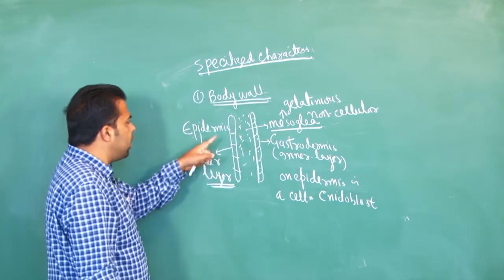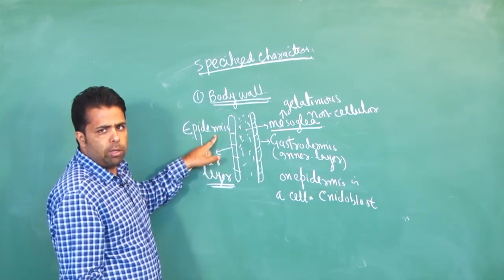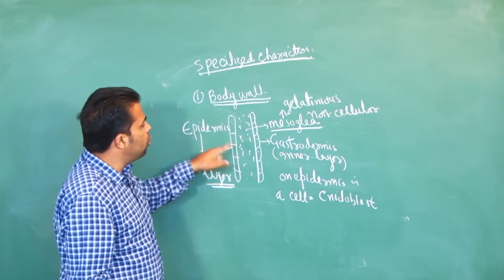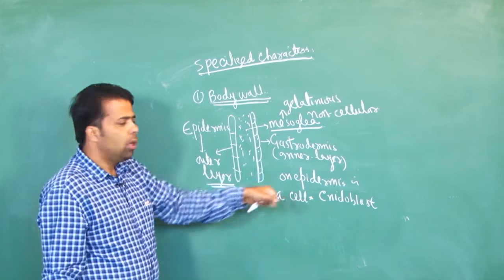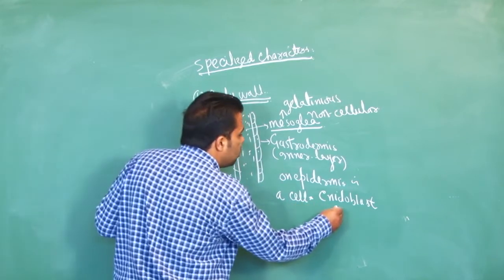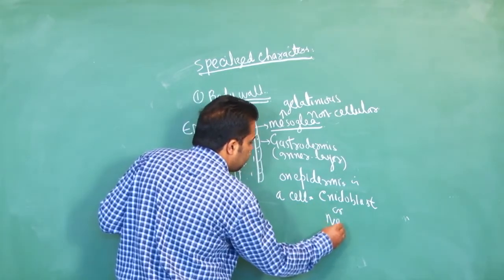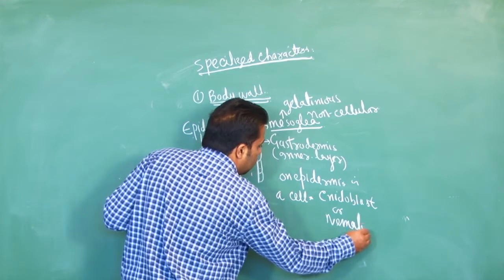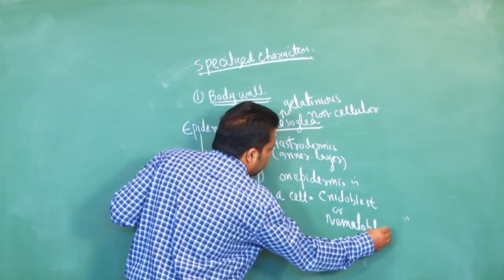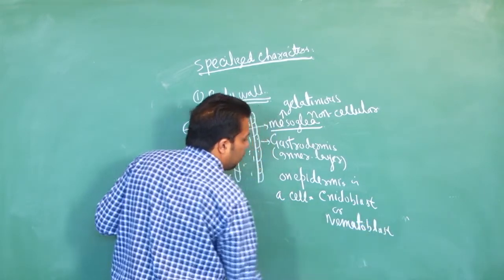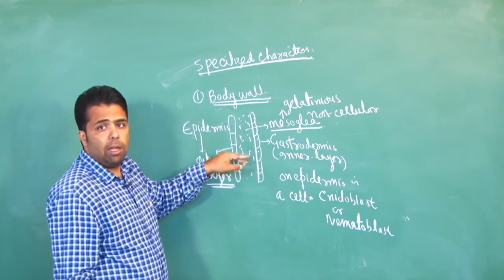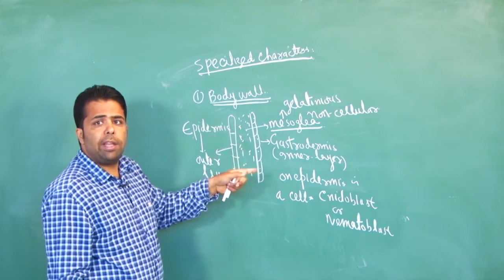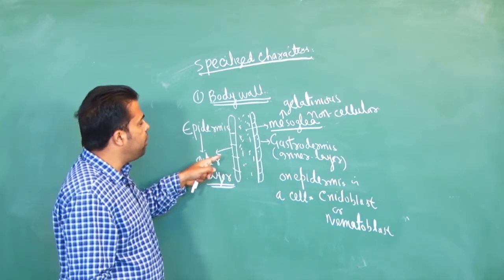So there are so many cells present on the epidermis which are very, very important. But I need to mention the most important cell on the epidermis, that is cnidoblast. Cnidoblast is also called nematoblast. If we look at the phylum Coelenterata, they are also called cnidarians. Why are they called cnidarians?